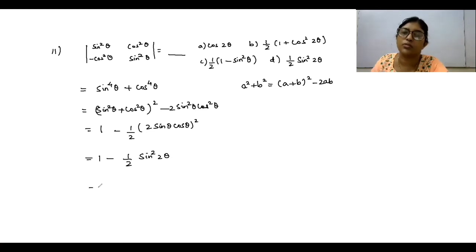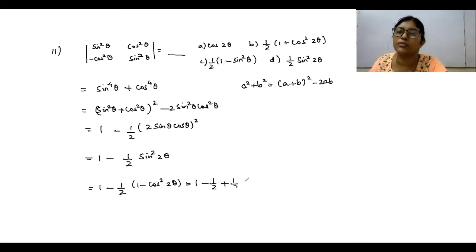So let's convert this to cos square theta. That's 1 minus cos square theta. 1 minus half plus half cos square 2 theta. So 1 minus half is half, and later on taking half common, we have 1 plus cos square 2 theta. That's option B for us.